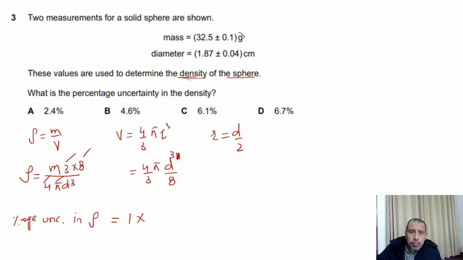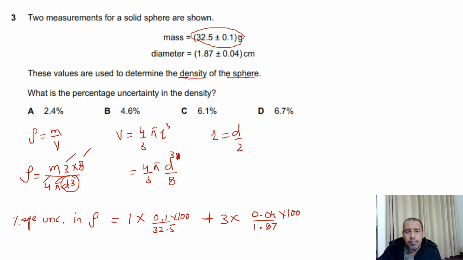So from this formula, the percentage is 0.1 multiplied by 100 divided by the actual value. Then we add the percentage uncertainty of d, but multiply with 3 because the power of d is 3. 3 multiplied with 0.04 into 100 divided by 1.87.